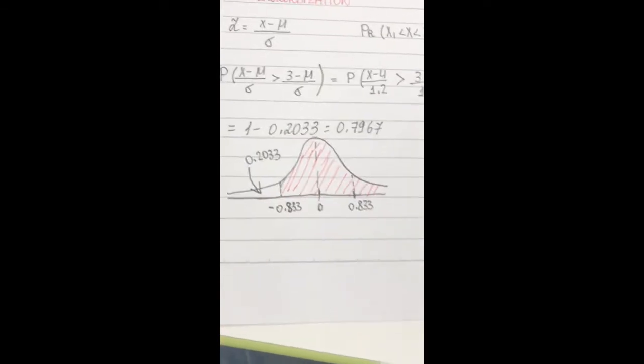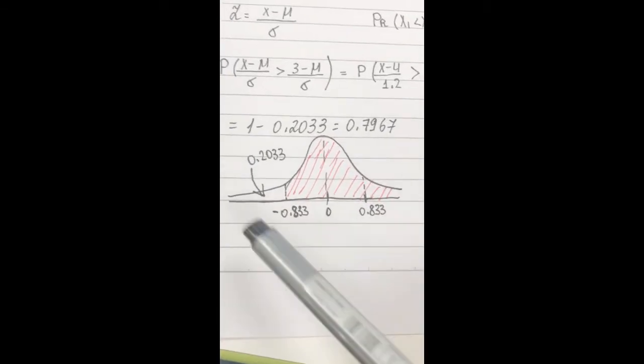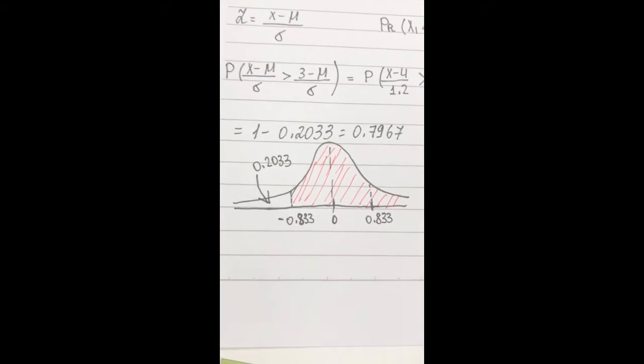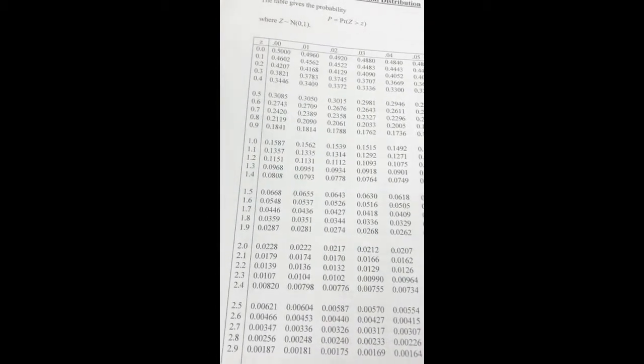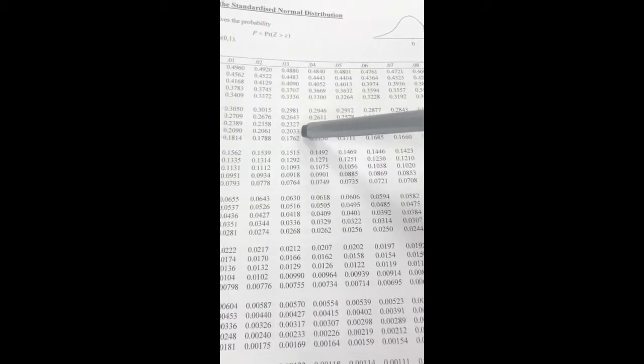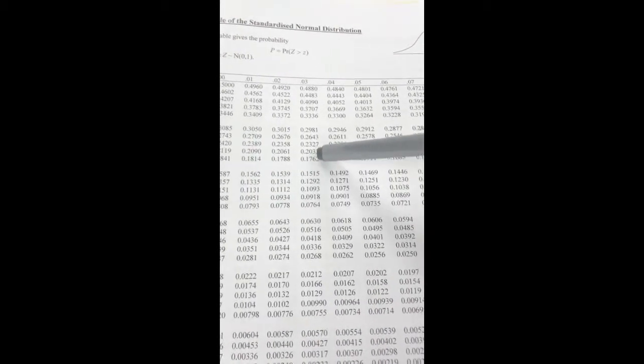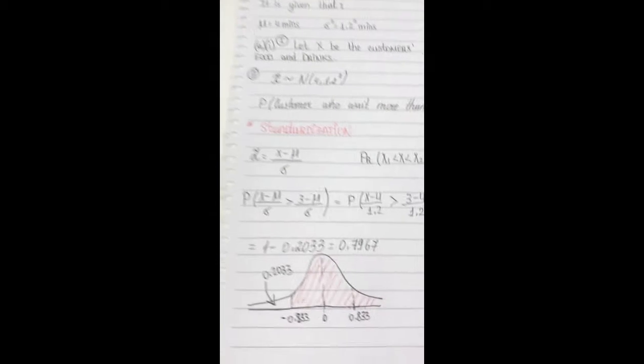In order to calculate this area, we need to go to the table of the standardized normal distribution. Our Z is 0.833, so we find 0.8 and then 0.83, and we find that the area is 0.2033.